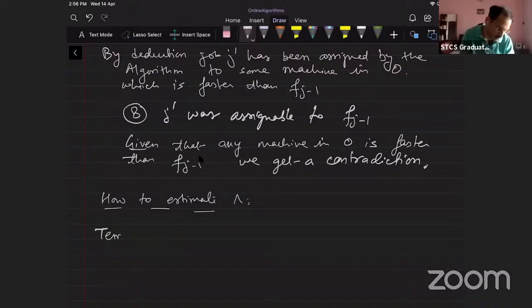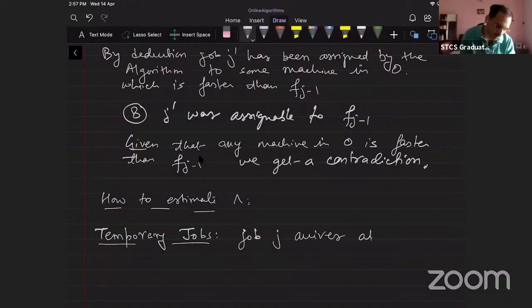Now let's look at the more interesting setting where jobs are temporary. What does it mean? That a job j arrives at time aj and departs at time dj. Now dj is not under your control.